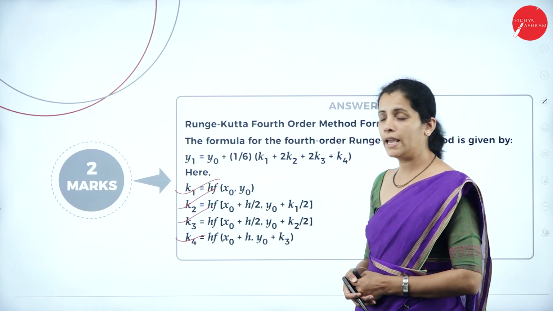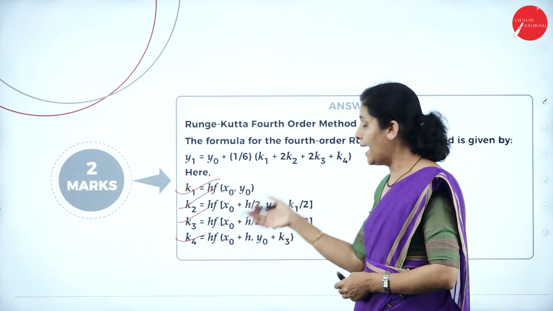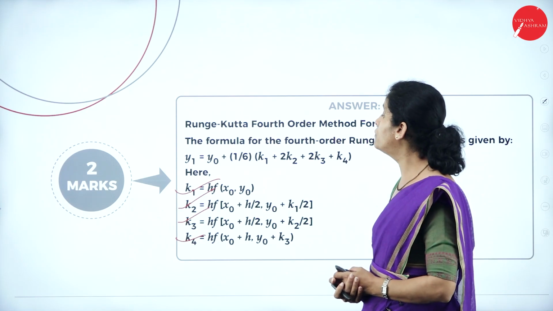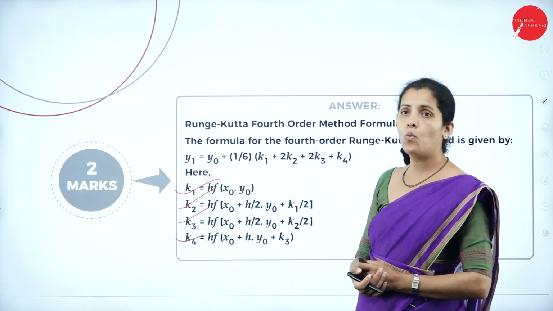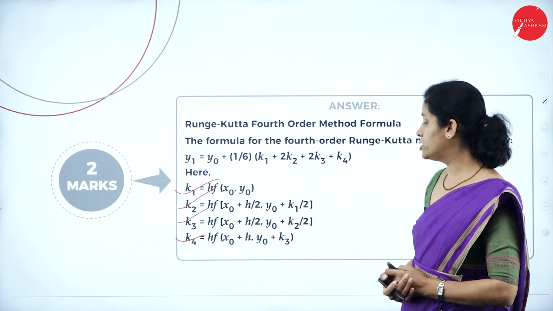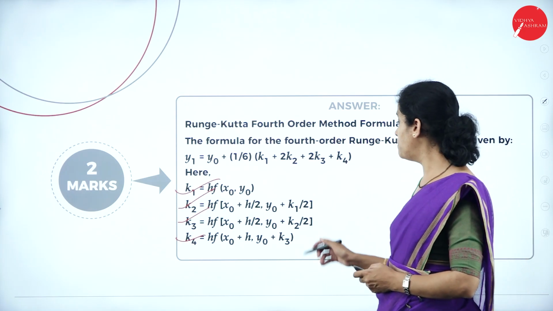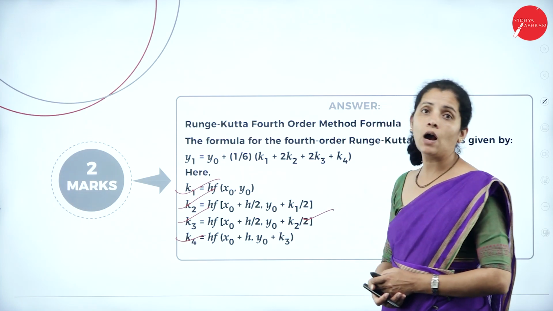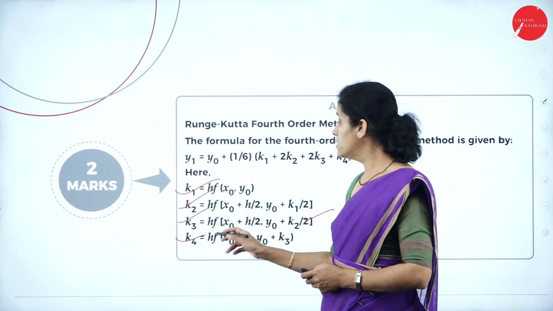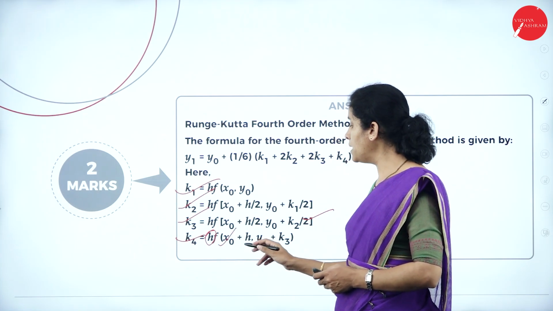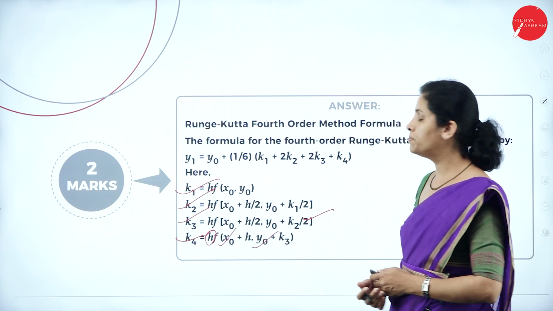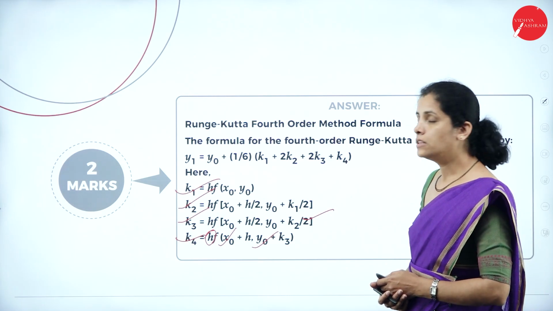Then what about K3? K3 is h into f(x0 plus h by 2, y0 plus k2 divided by 2). Now K4, that is h into f(x0 plus h, y0 plus k3).